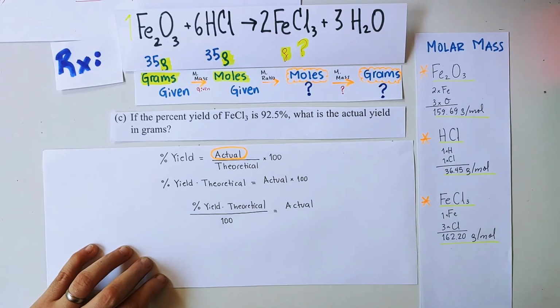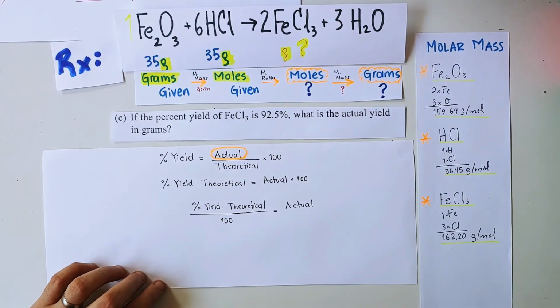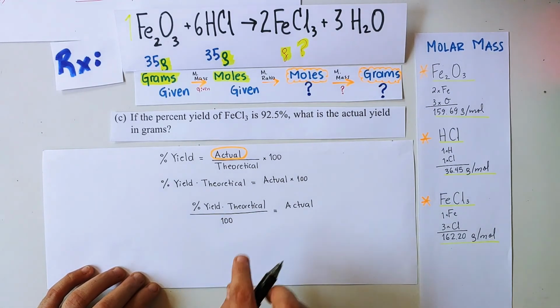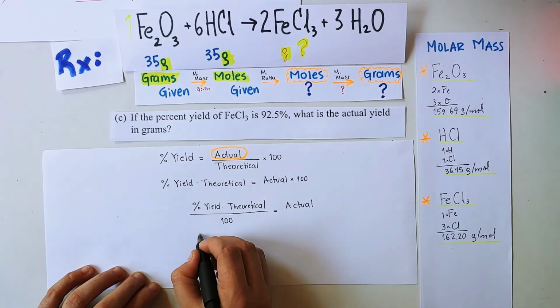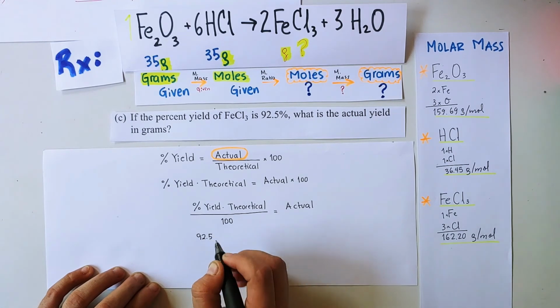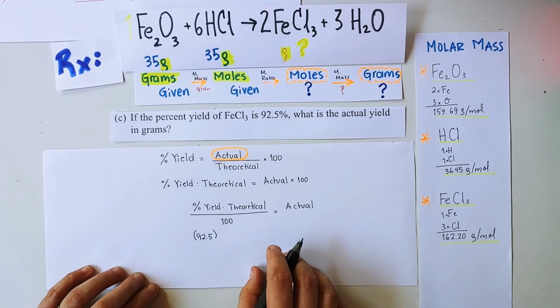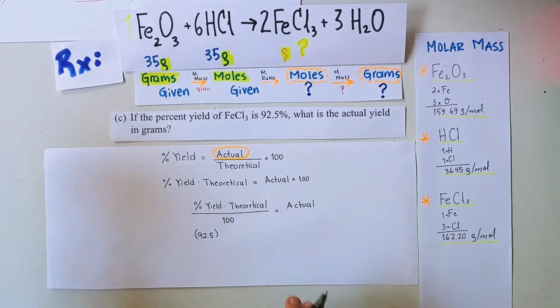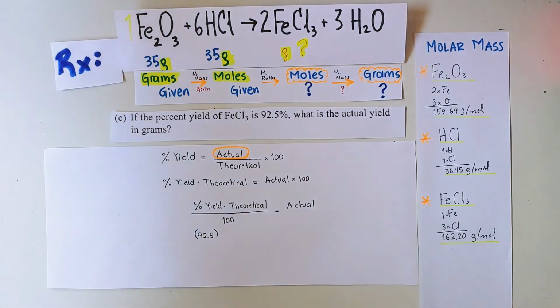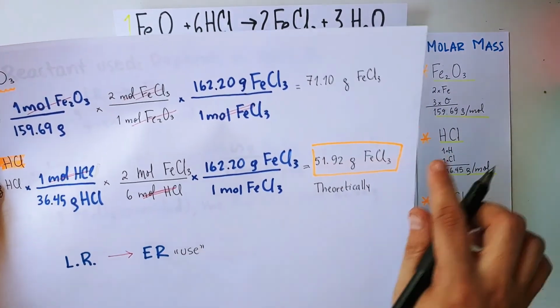Now you just need to substitute the givens that you already have, and that is the percentage yield, 92.5%, times the theoretical. The theoretical is what you got in question A. If you don't remember, it is the 51 grams that we just got.